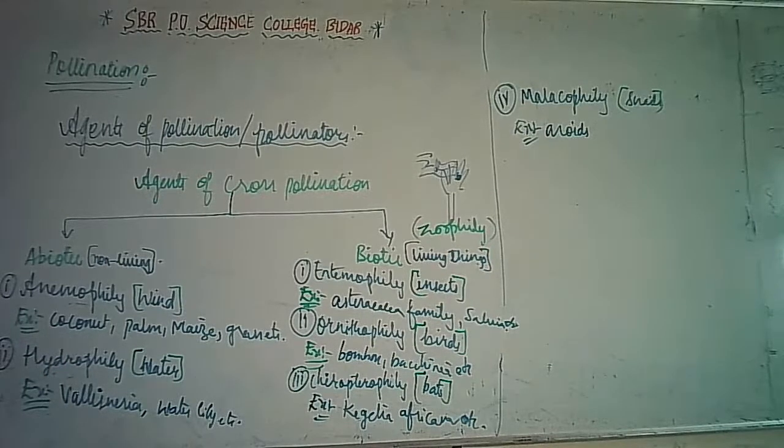Here, there are so many animals: bees, butterflies, beetles, wasps, ants, moths, snails, birds. All are taking part. Okay, in entomophily, insects are the common biotic pollinators. What about the insects? The plant has to attract the insect, then only it will visit.